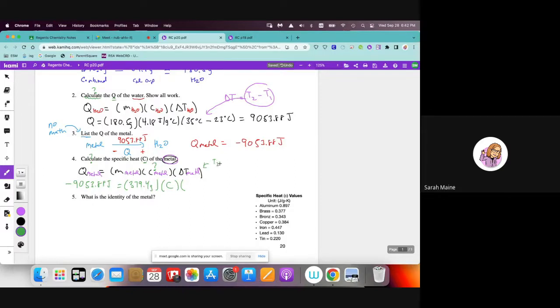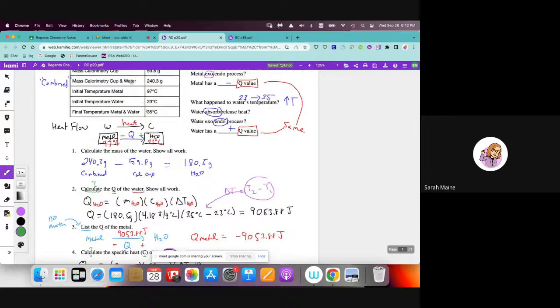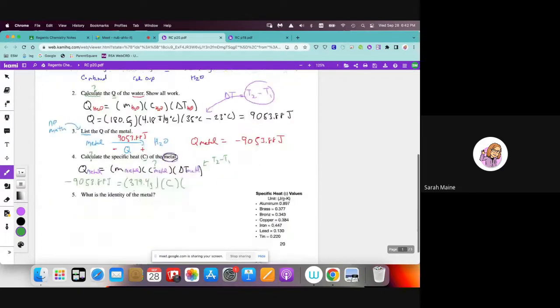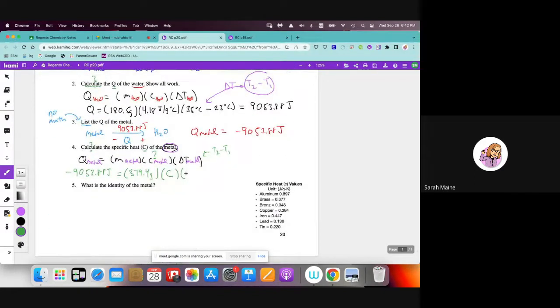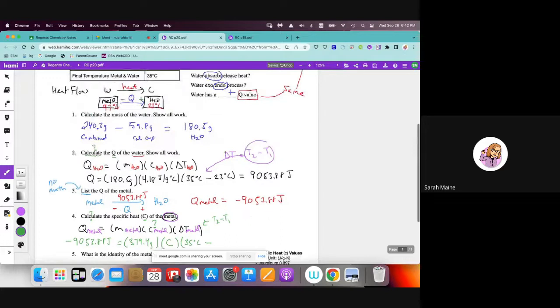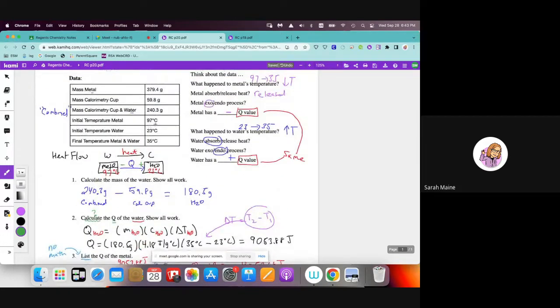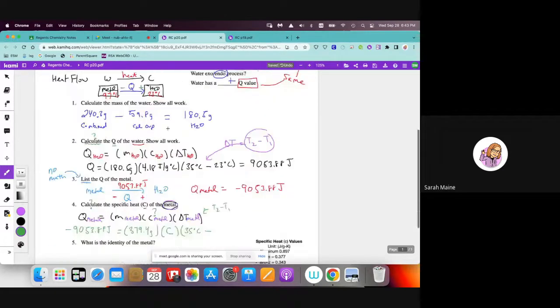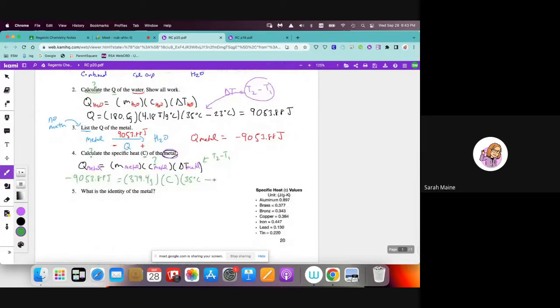And then delta T, for correct numerical setup, we show it as T2 minus T1. The metal's final temperature ended up being 35 degrees Celsius, so T2 is 35 degrees Celsius minus T1. Where did the metal's temperature start? It started at 97 degrees Celsius. So it's 35 degrees Celsius minus 97 degrees Celsius.